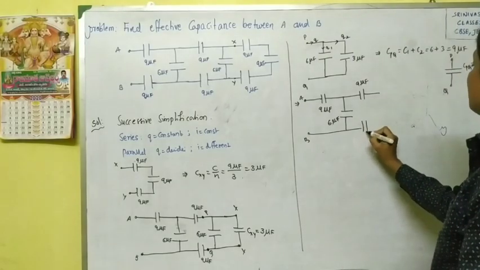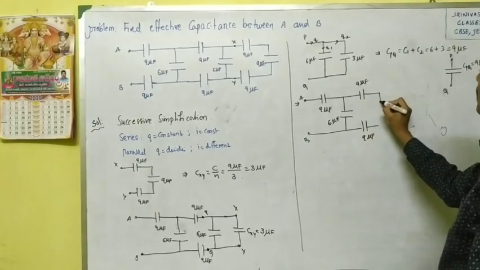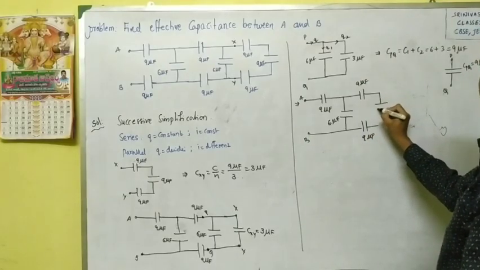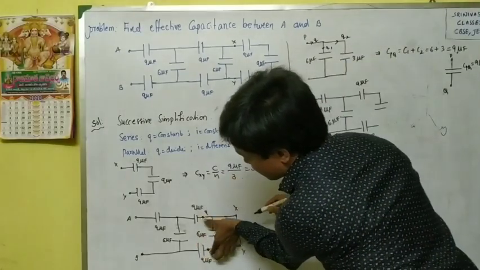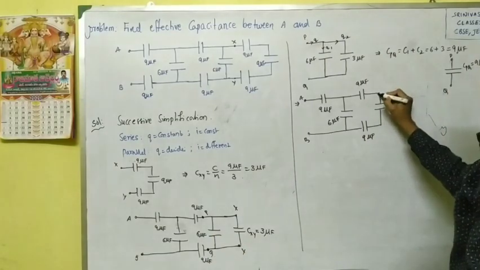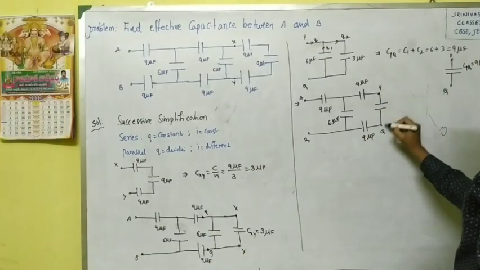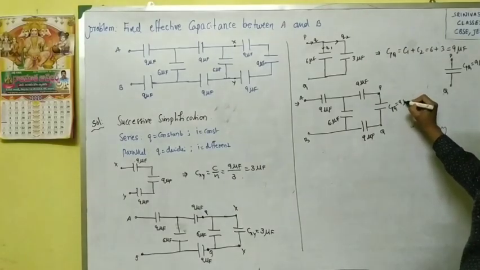This is 9 microfarad. Again between P and Q, up to here it is the same, and between P and Q we have to write the effective capacitance. Right, this is P, this is Q. What is CPQ here? CPQ we got is 9 microfarad.